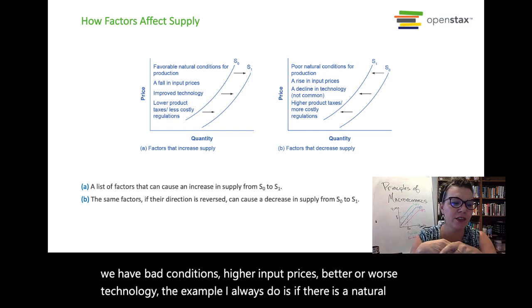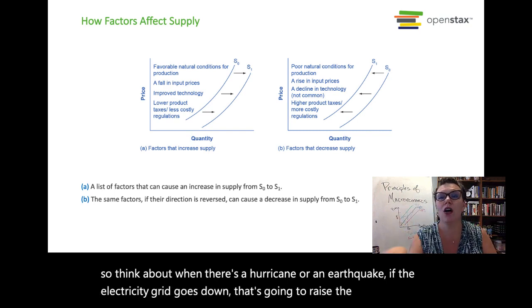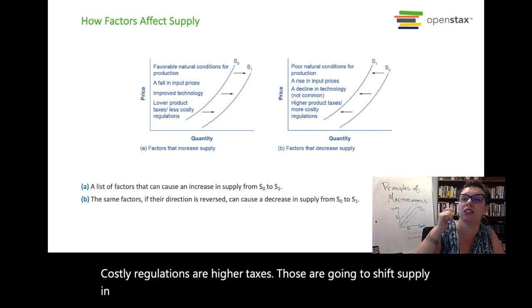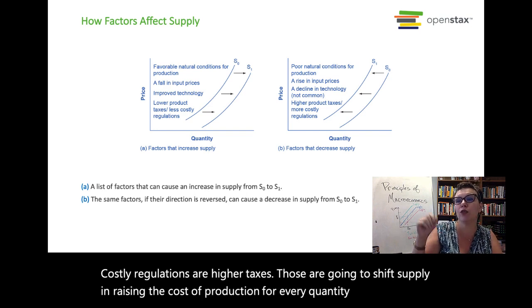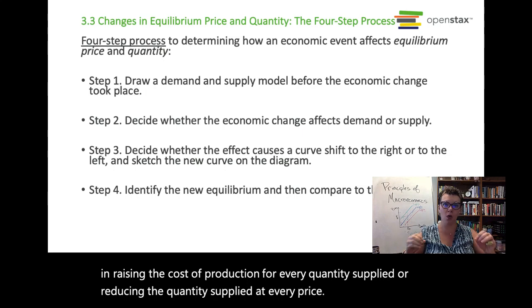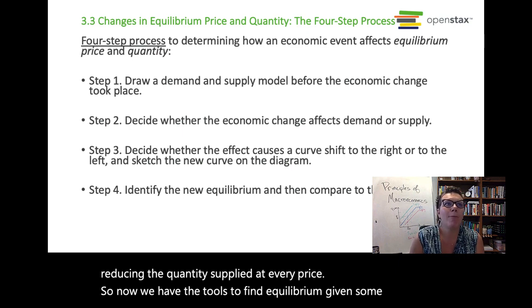So think about when there's a hurricane or an earthquake, if the electricity grid goes down, that's going to raise the cost of production. Also, costly regulations or higher taxes. Those are going to shift supply in, raising the cost of production for every quantity supplied or reducing the quantity supplied at every price. So now we have the tools to find equilibrium given some problem with the market.